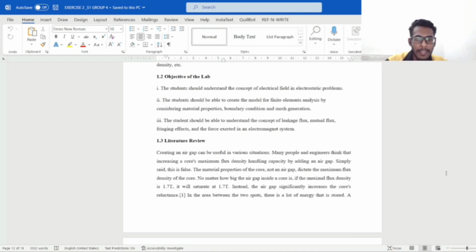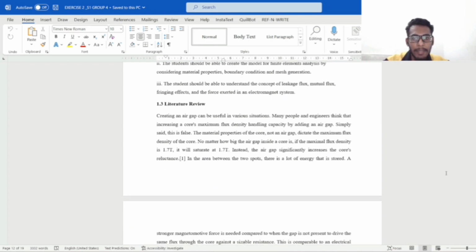For the literature review, creating an air gap can be useful in various situations. Many people and engineers think that adding an air gap increases a core's maximum flux density handling capacity. Simply said, this is false. The material properties of the core, not an air gap, dictate the maximum flux density of the core.